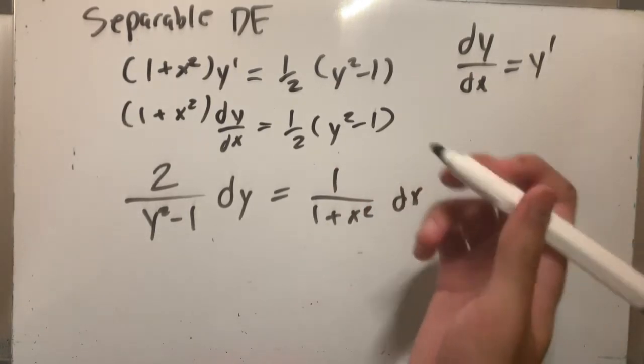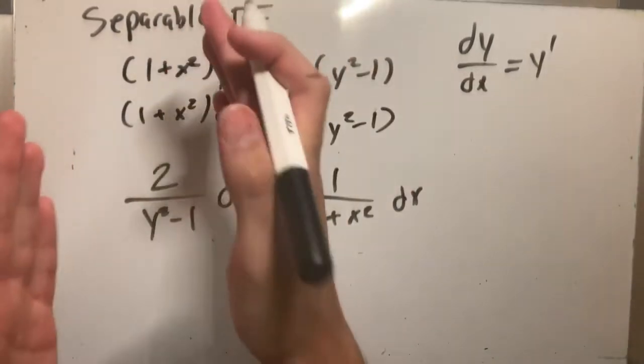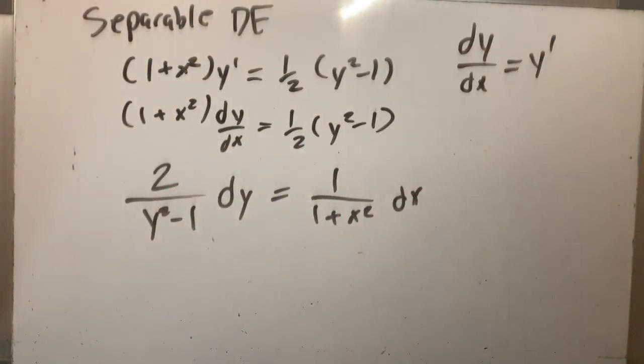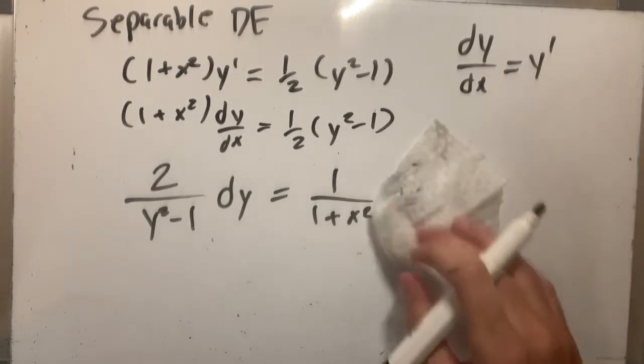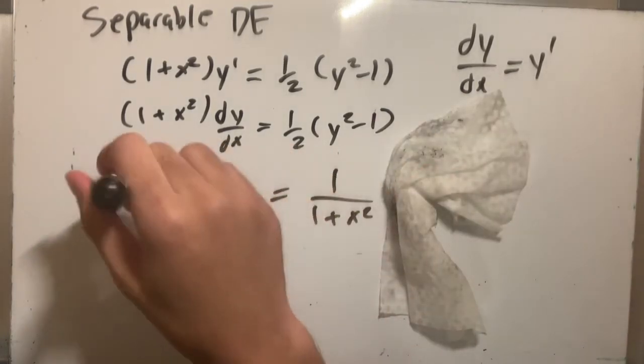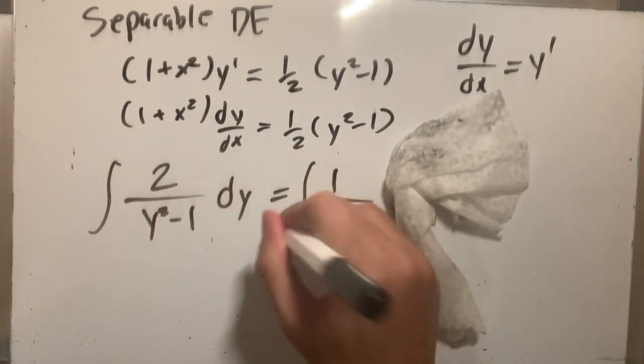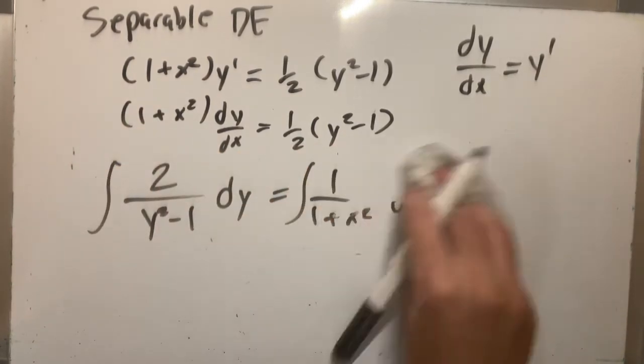You'll know it's a separable equation once you see that you got x's on one side and y's on the other side. You're going to notice the trend. And once you do this, you got a dy, you got a dx, you can integrate both sides and solve for y. It's really simple. It's not hard at all. It's pretty clear from here what you can do. Integrals, solve for y. That's all you have to do.